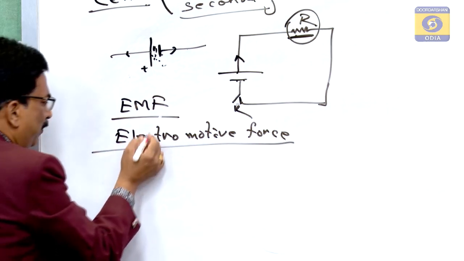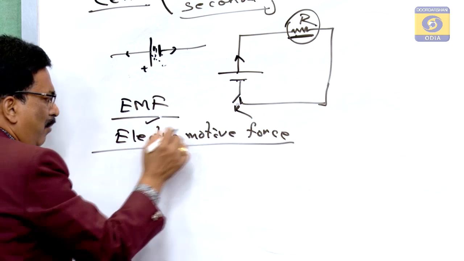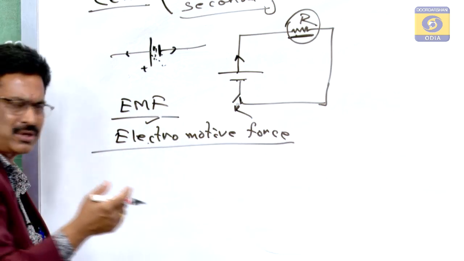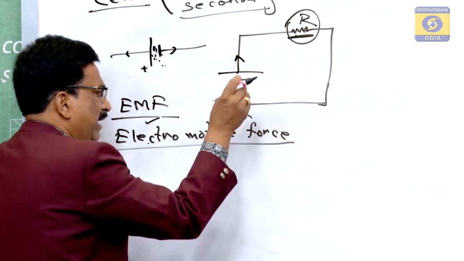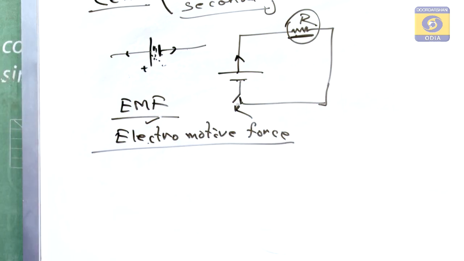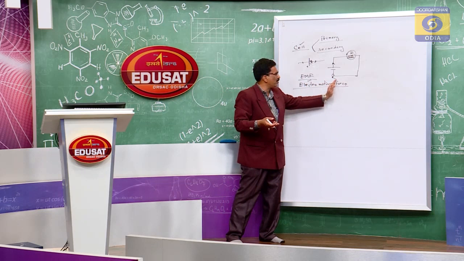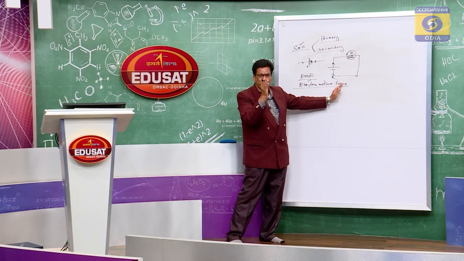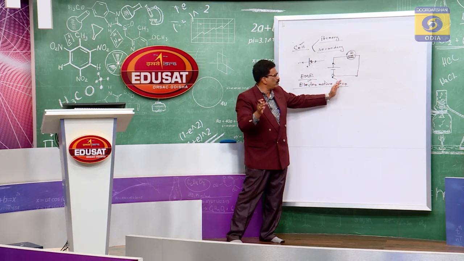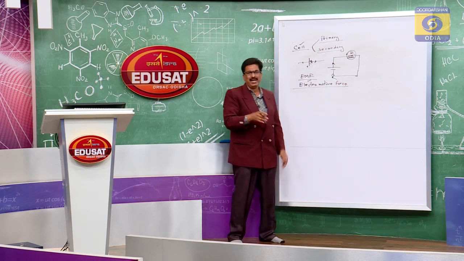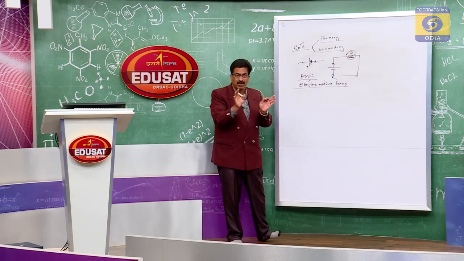So, electro is the term for the electron, motive means some motion, force means something to enhance the working function. So if it is electromotive force, from today clear from your mind that though the word force is there, it is not a force.